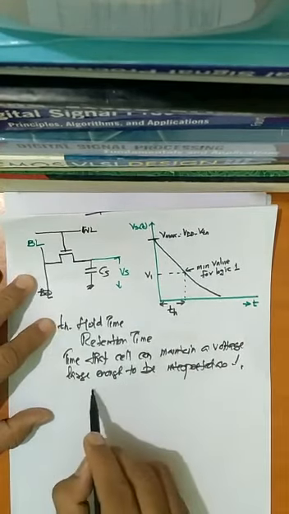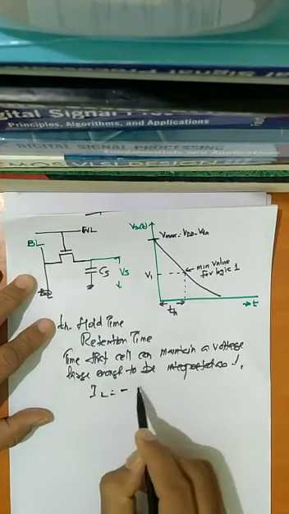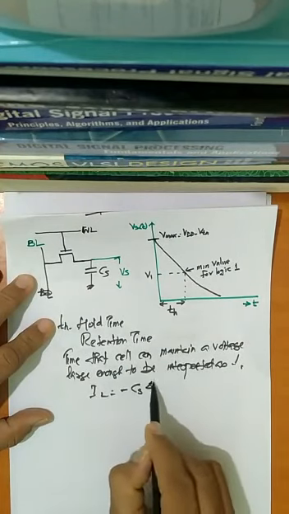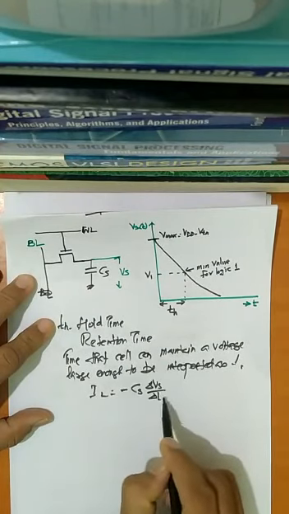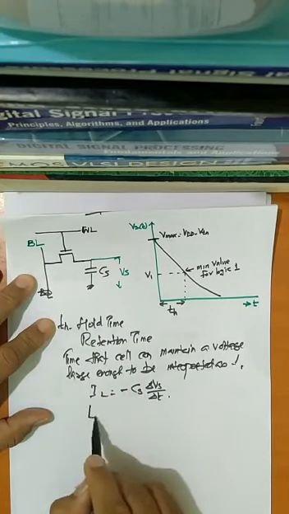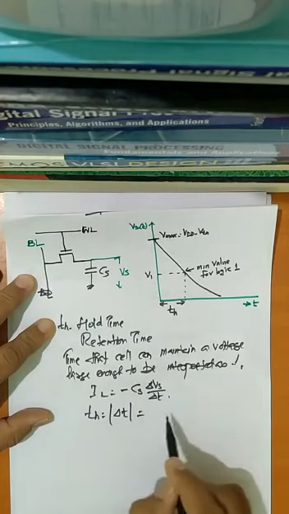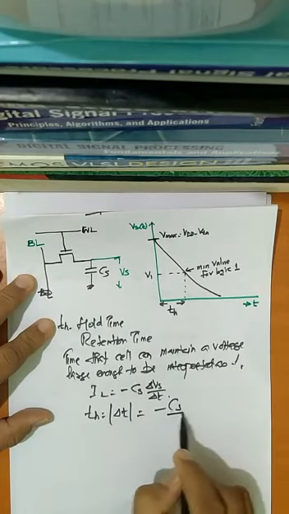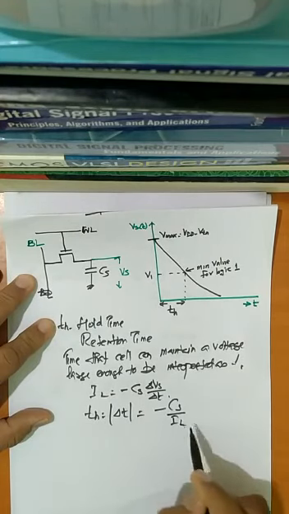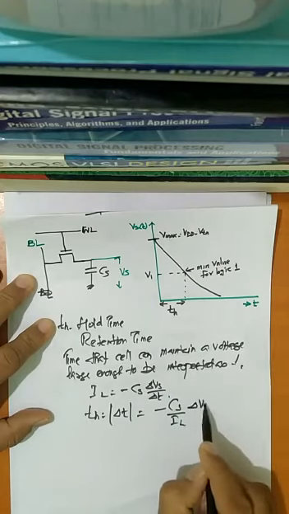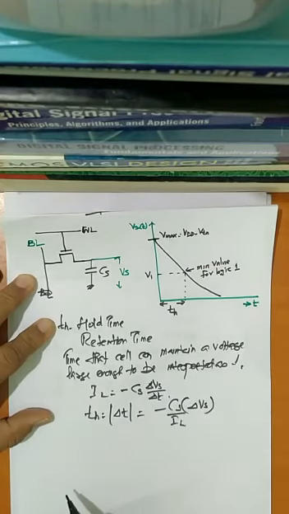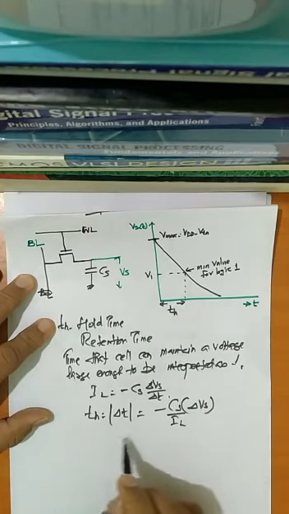So let us see this. We have seen the expression IL equals minus Cs delta Vs by delta T. So this whole time TH, let it be mod delta T, is equal to minus Cs by IL times delta Vs. This is the expression.